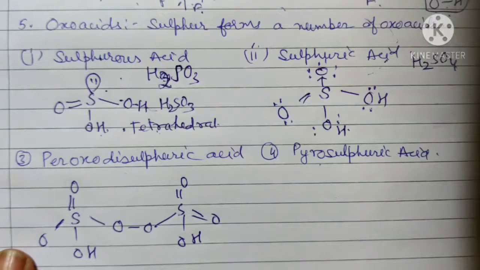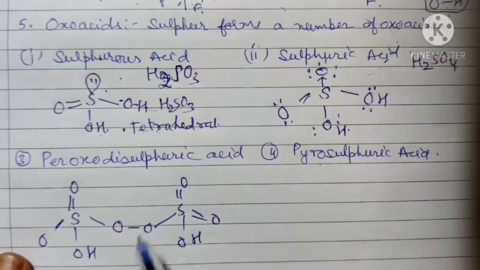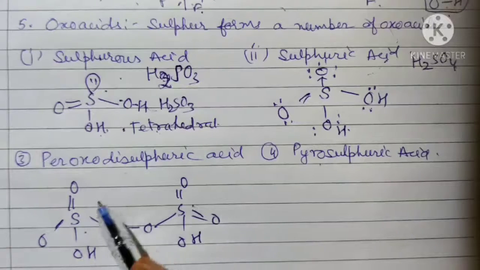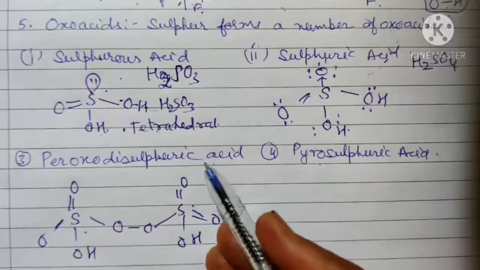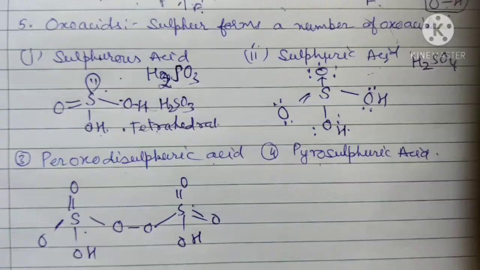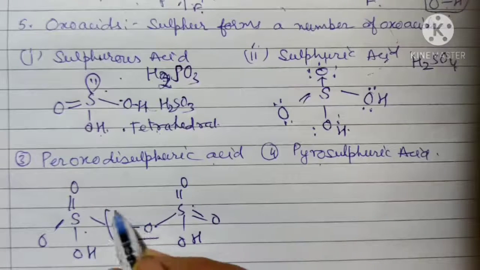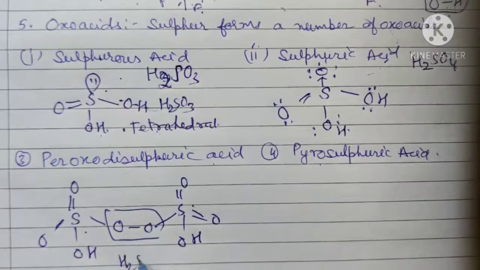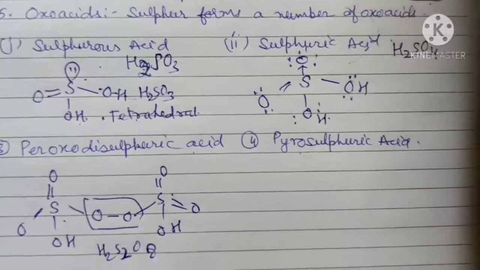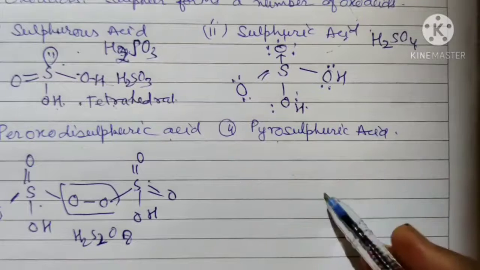So this is the structure for the peroxodisulfuric acid. There are the 2 molecules of the sulfuric acid, and they are forming 1 peroxide linkage. This is H2S2O8. This is peroxodisulfuric acid.